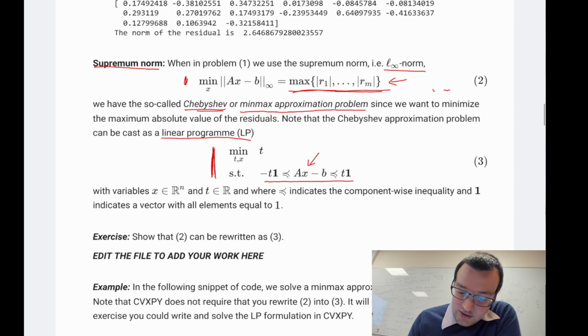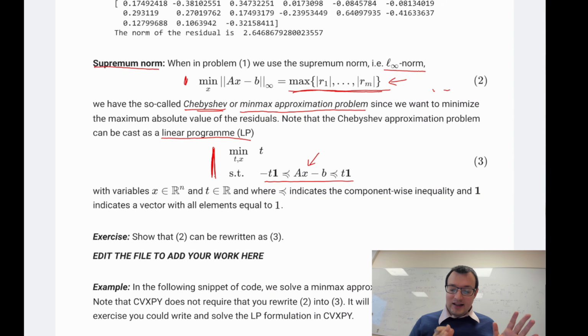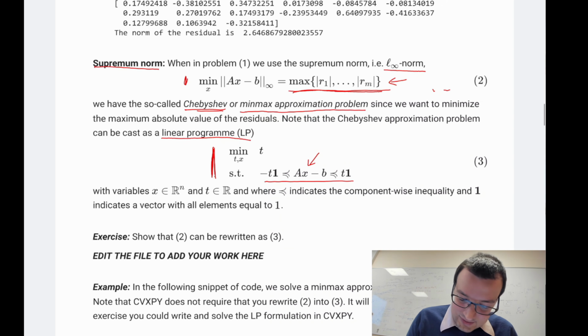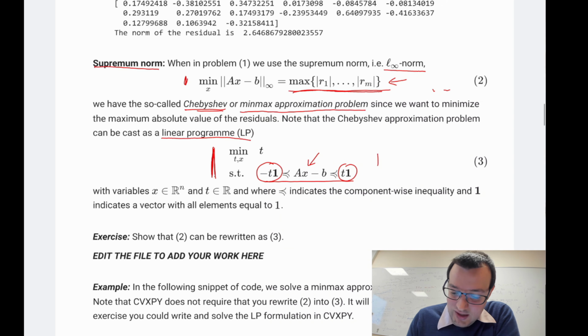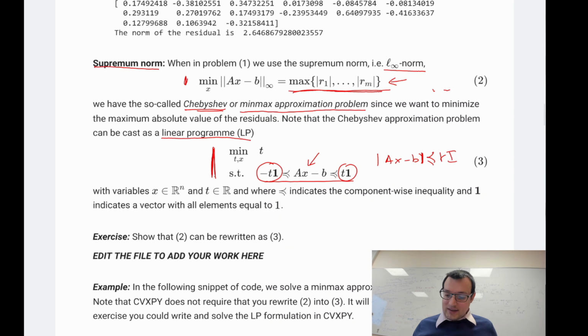And when you ask that a certain quantity is between minus something and plus the same thing, you are simply asking that the absolute value of Ax minus b is less or equal than t. This is equivalent to that.